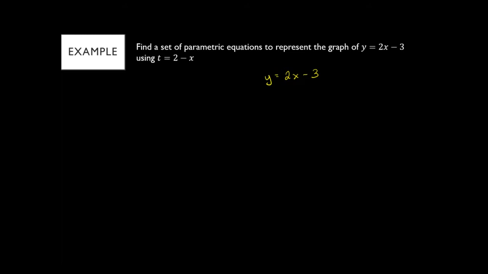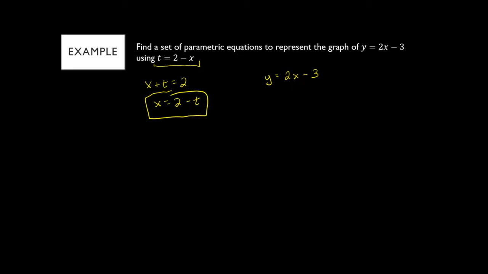To convert it into something in terms of t, we need to find x first. This equation we can solve for x. So let's say we can add x to both sides, and I can have x plus t equals 2, and then subtract t, so you get 2 minus t as x. That is one of our parametric equations.